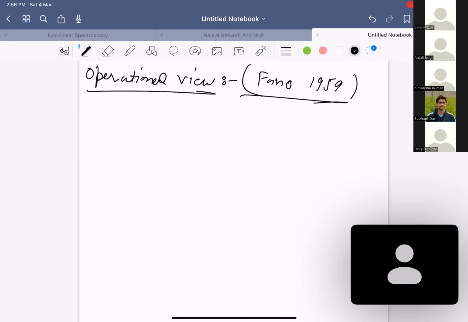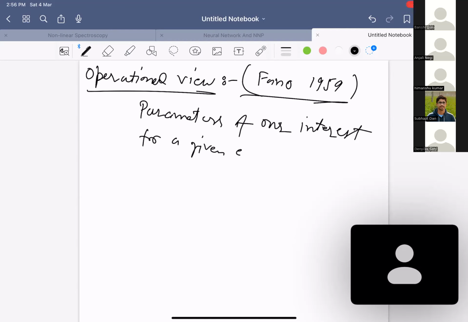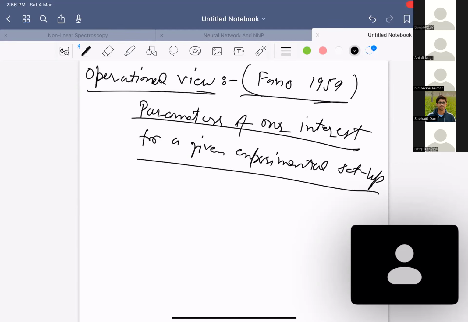To develop an experimental setup, we need certain parameters. So all those parameters of our interest for a given experimental setup, and describe their behavior. So this is more of an operational point of view.